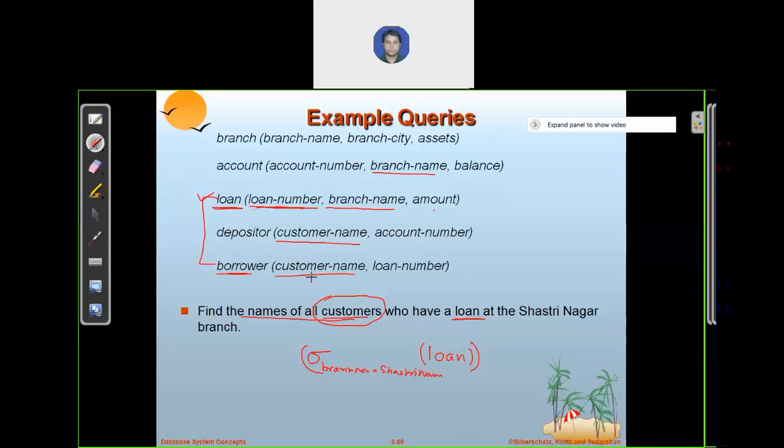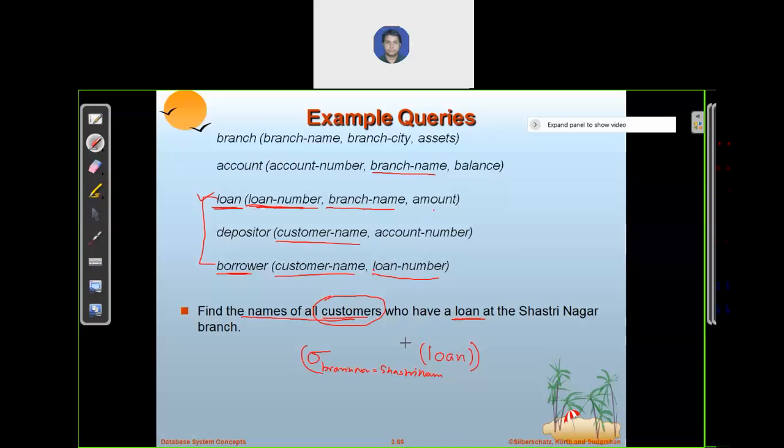On which condition? In these two relations, is there any attribute having the same name? Loan number. So you can simply combine these two relations on loan number and loan number, the two attributes of the two relations having the same name.